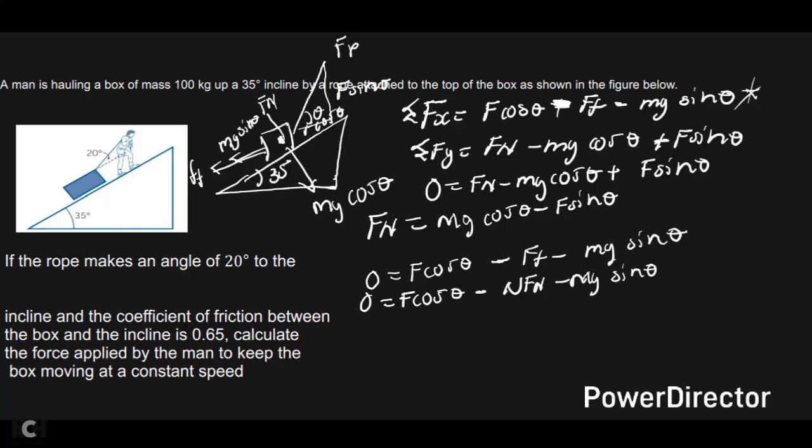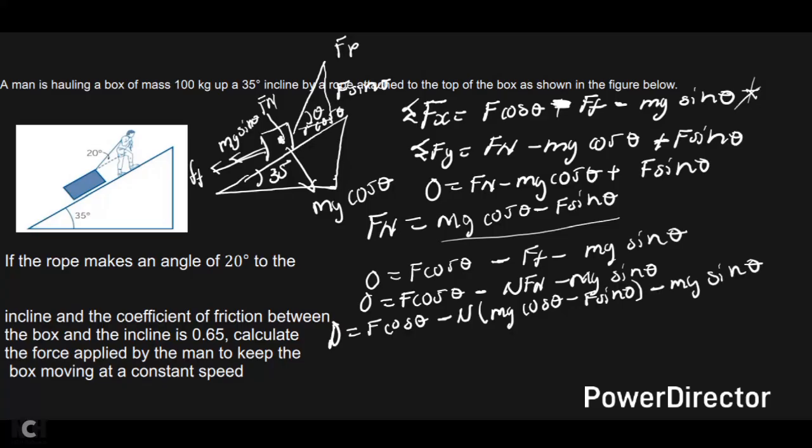So wherever there is the normal force, now we replace it with this equation. So 0 is equal to F cos theta minus mu times mg cos theta minus F sin theta, minus mg sin theta, like that.